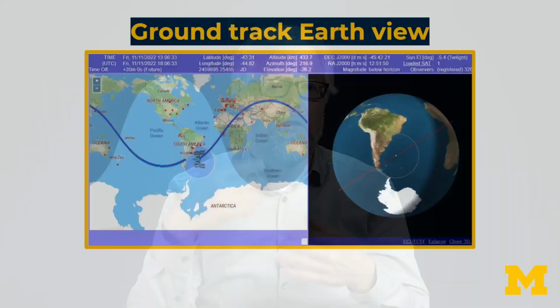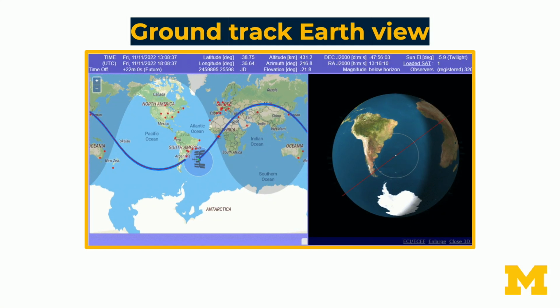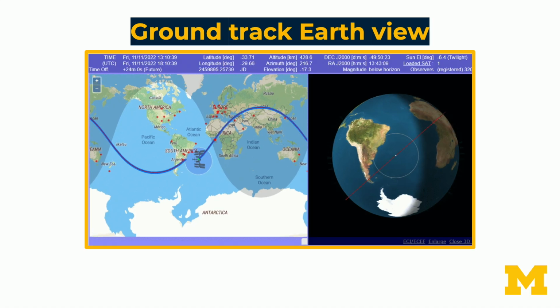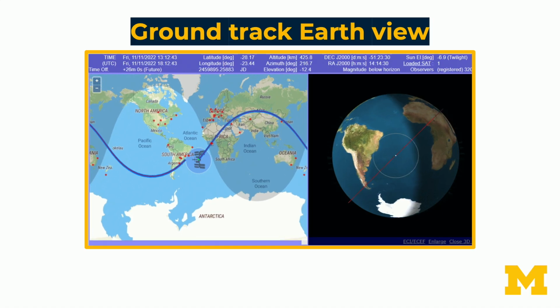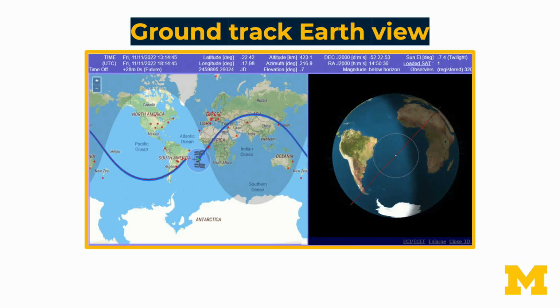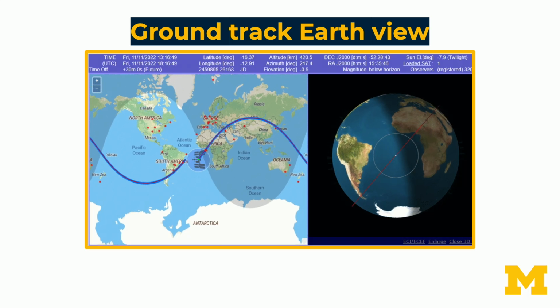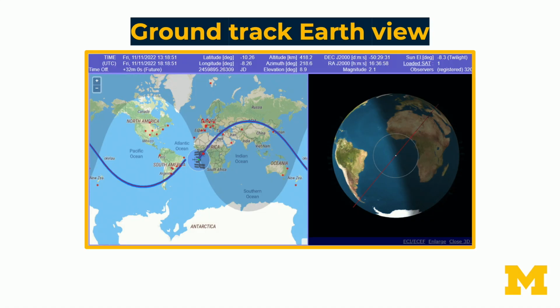Now, we like to show ground tracks of the satellites so we can see where the satellites are with respect to the globe. And so this is showing a ground track. The way that you derive a ground track is you go from the center of the Earth out to the satellite, and where it goes through the surface of the Earth, you draw a point.